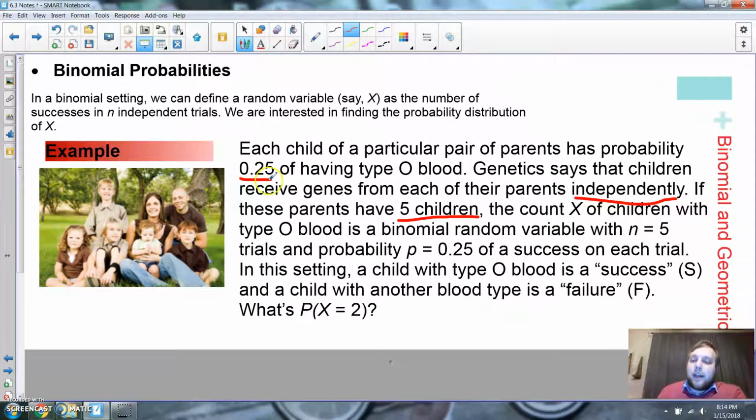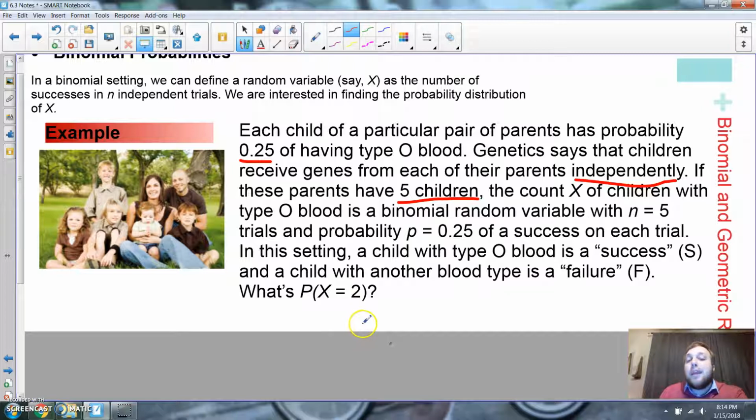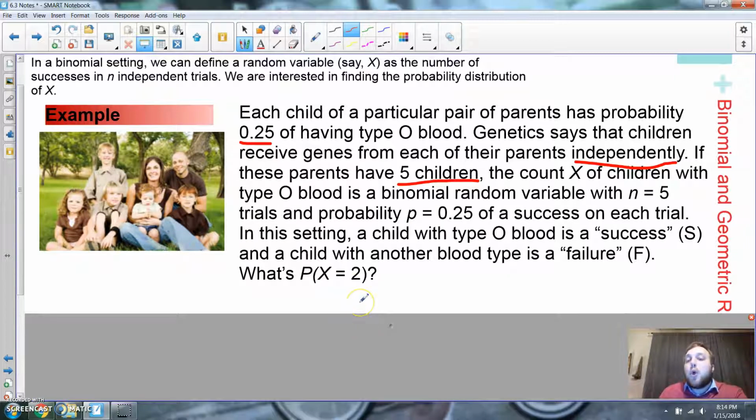The count X of children with type O blood is a binomial random variable with n equal to 5 and probability of success 0.25 in each trial. It's not going to change as the kids come along. What's the probability of having 2 kids with O blood?